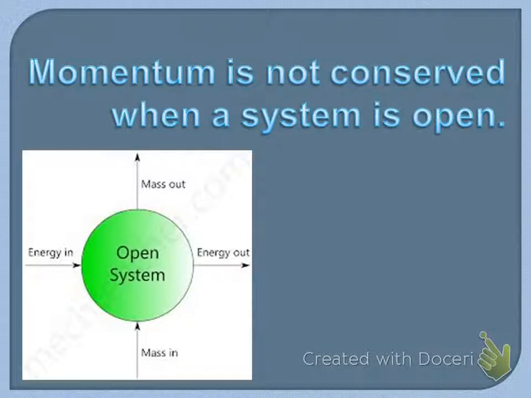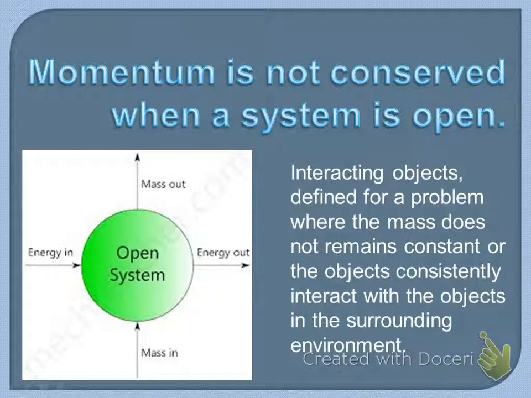Okay, when a system is open, the mass of the system itself can change. The main thing is just to know that momentum is not always conserved, and the real world tends to act in such a way that momentum is not conserved. So this is a real world application.